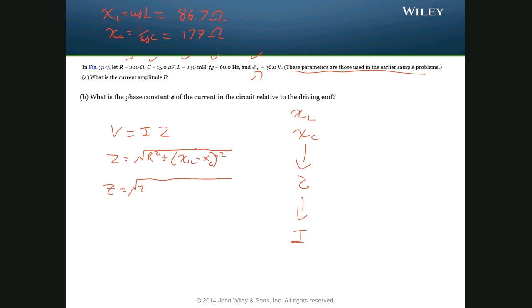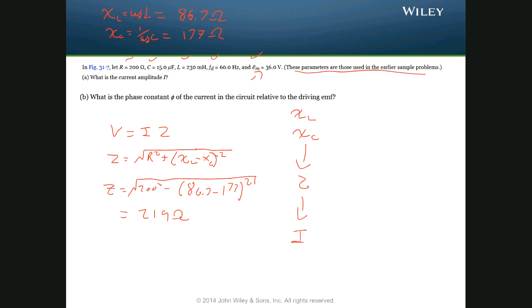Z is the square root of 200 squared minus the difference squared, and that will equal 219 ohms.